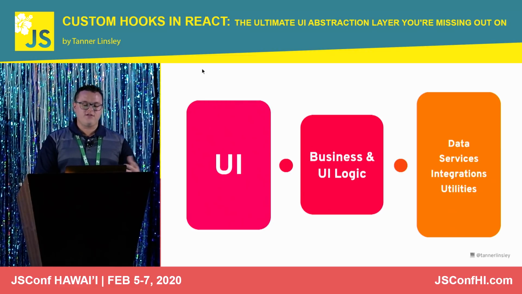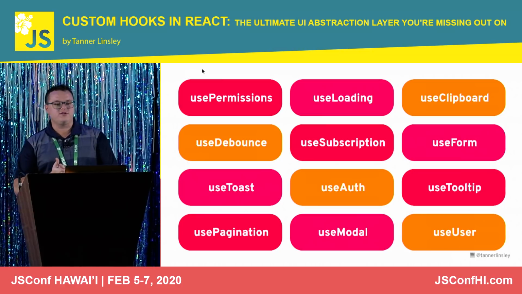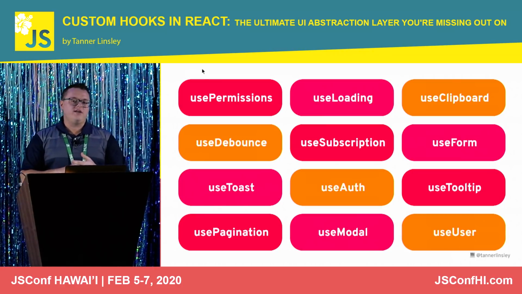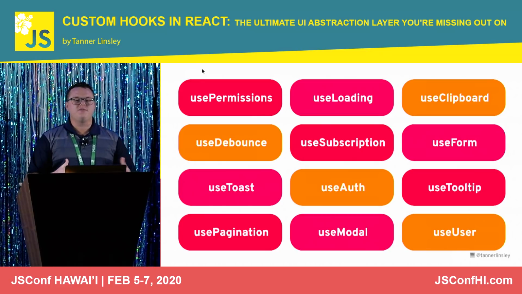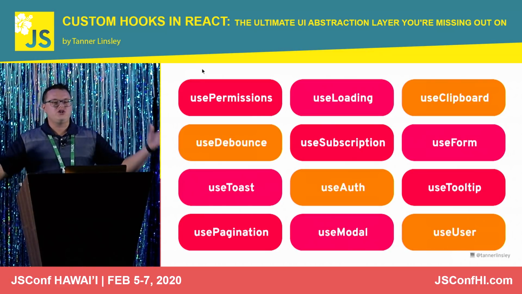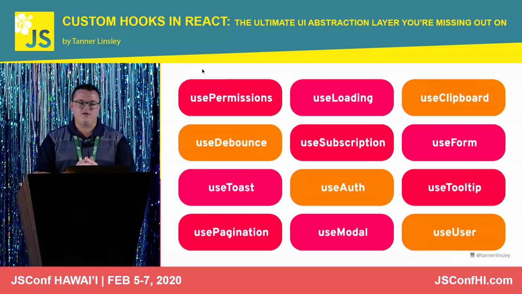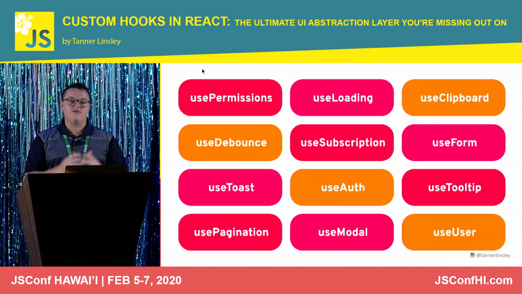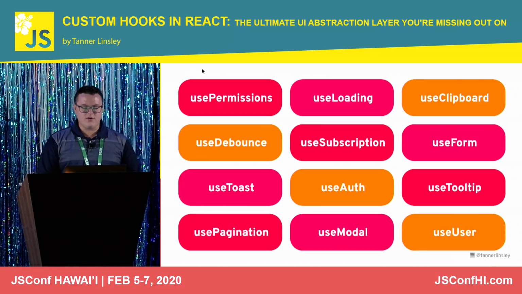Thinking from this perspective, you can start to imagine so many great custom hooks that you would want to use inside of your apps, but maybe not something that would be shareable outside of your app. It's okay if a custom hook is proprietary to something you're working on if it makes you more productive. So these custom hooks and the idea of custom hooks is so powerful.